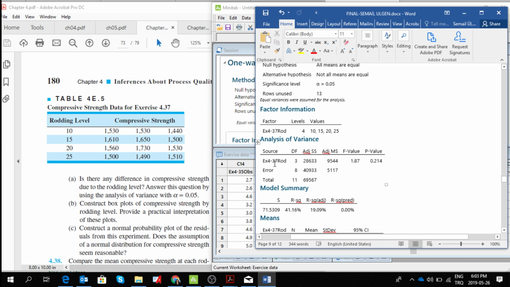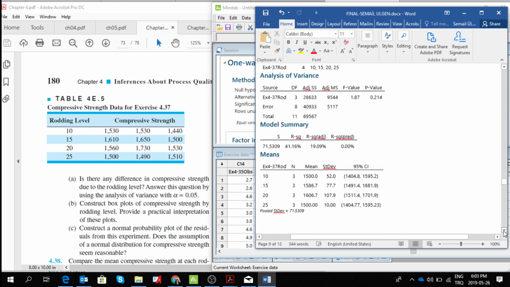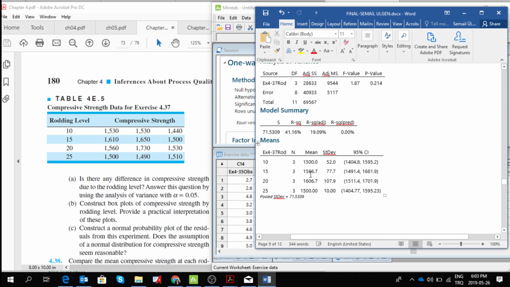In the analysis of variance, the degrees of freedom for the routing levels is 3. And the p-value is given here. For the rest, we don't need that as much for this question. The means for each routing level and their confidence intervals with respect to alpha 0.005 are all given here, along with the standard deviations, etc.